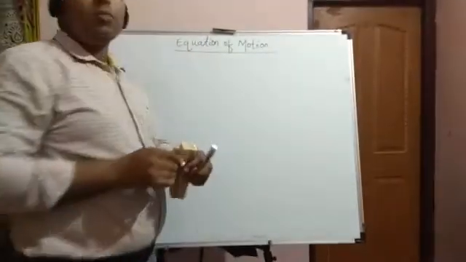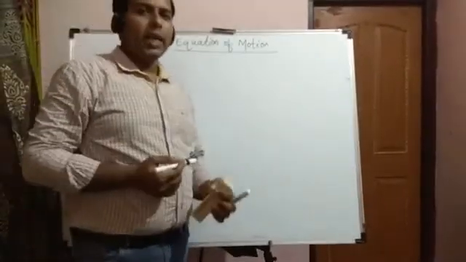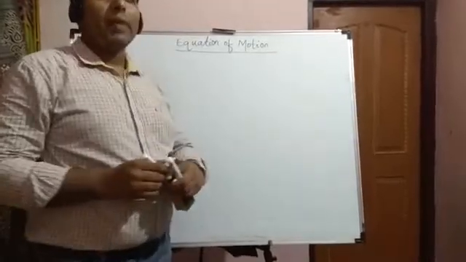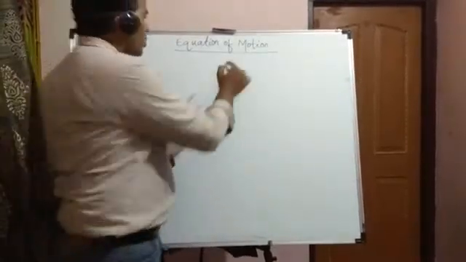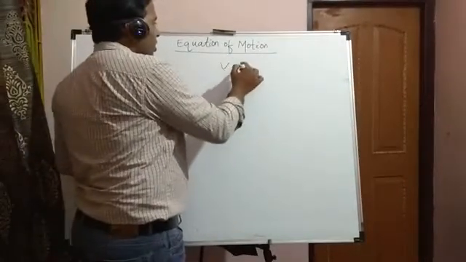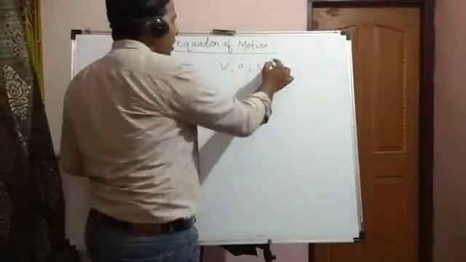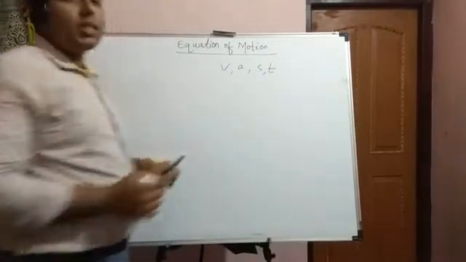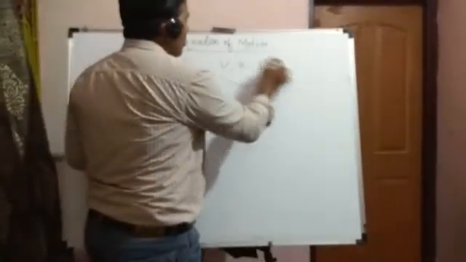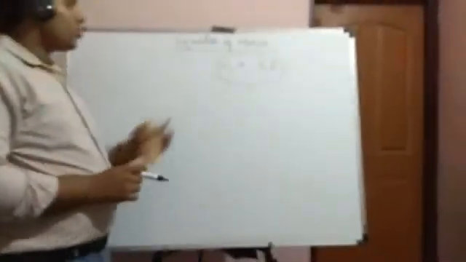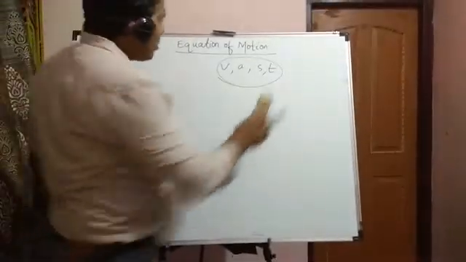In the equation of motion, we have to establish a relationship between different parameters of motion, that is velocity, acceleration, distance and time. We have to establish a relationship among all these quantities in the motion.